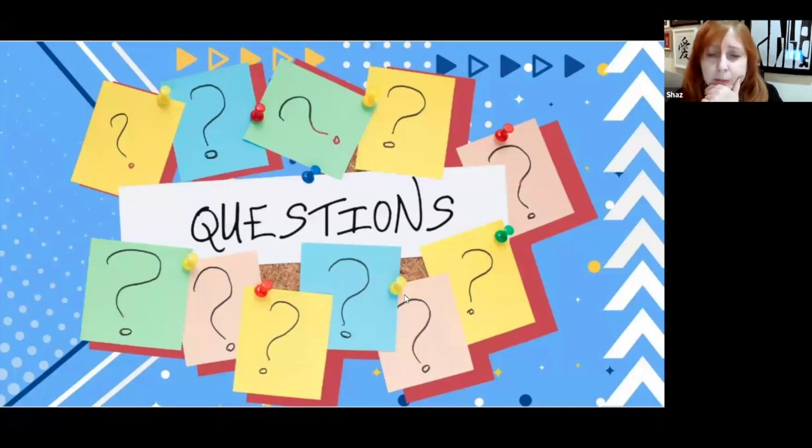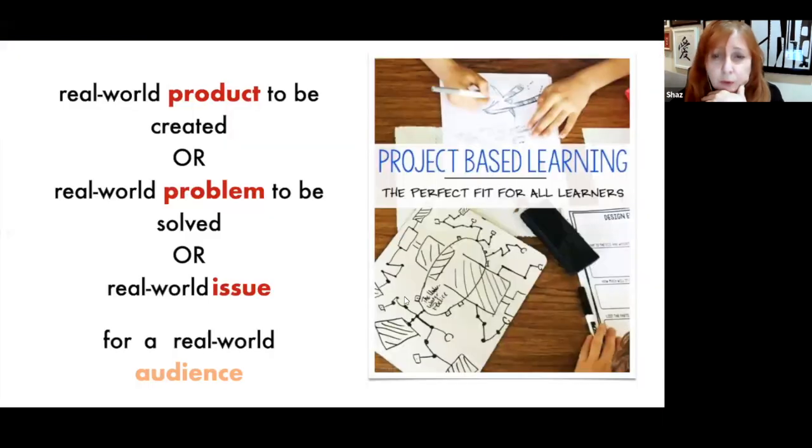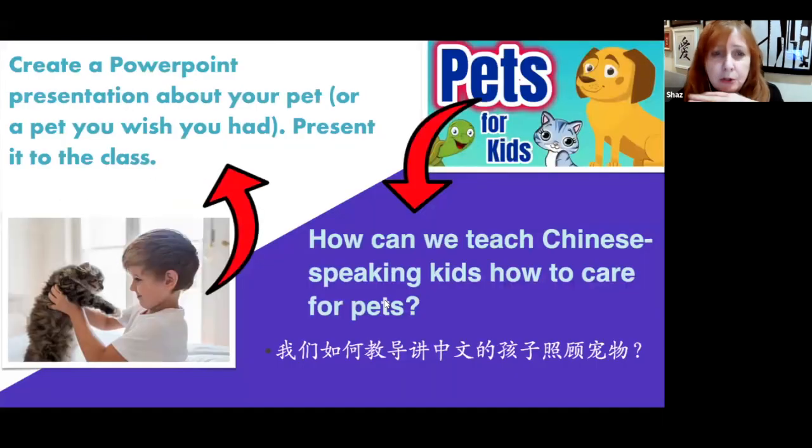Okay, so if there are no questions, I'm going to go on to the next section, which is authentic product. We've already looked at that before, but you can see here, if you're doing pets, right, you're teaching your students about pets. I have a cat, I have a dog, my cat is black, my cat likes to eat fish.